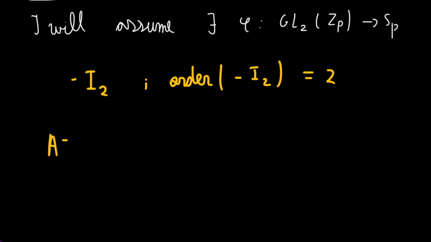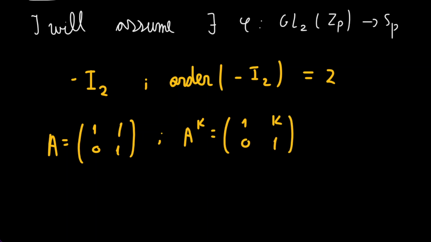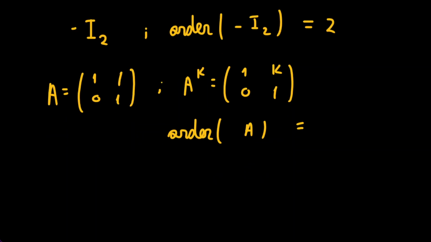I will take the matrix 1, 1, 0, 1, and when you look at the powers of this matrix, I have 1, k, 0, 1, and this tells me that the order of A, in an informal way of noting order, or in a good way, ord, is P.